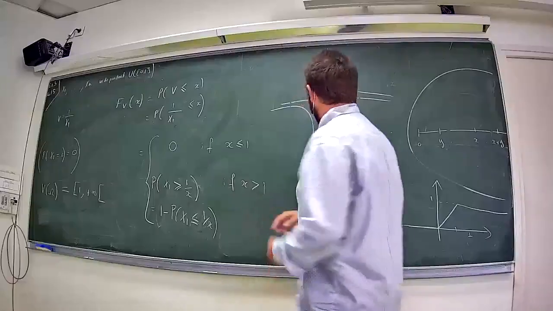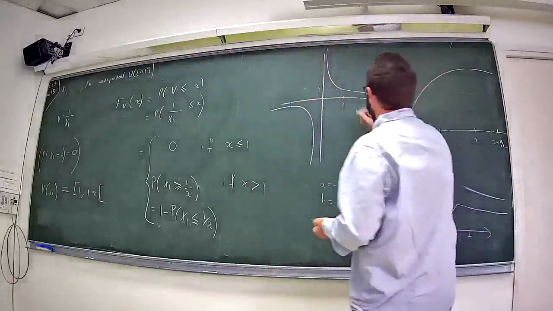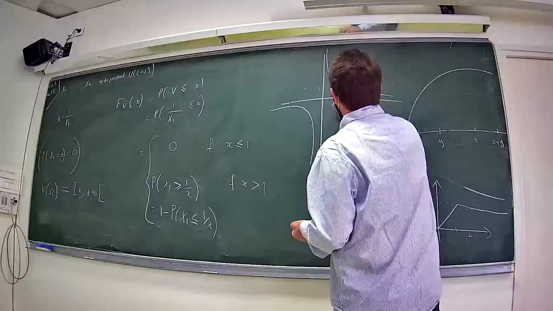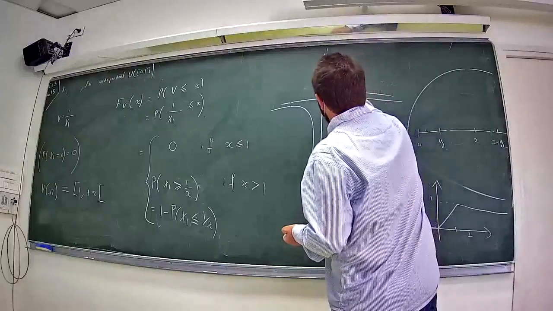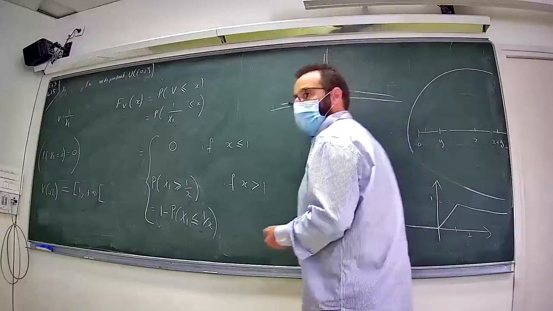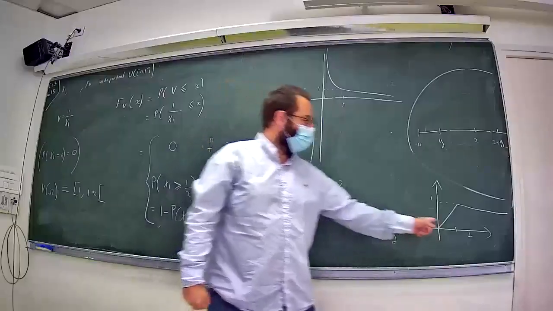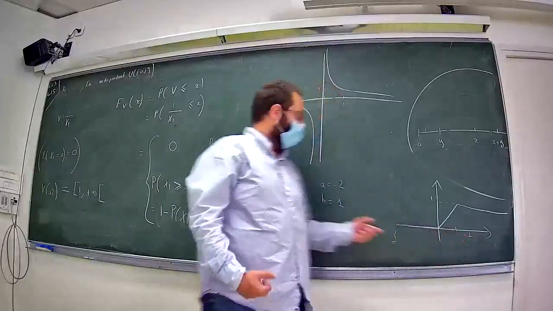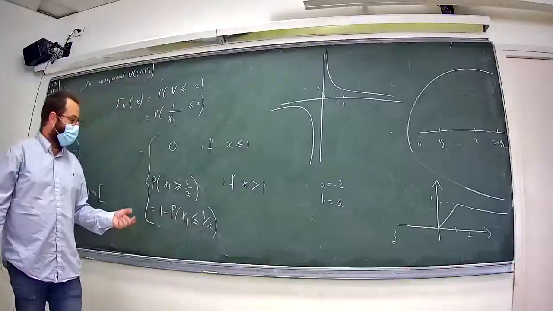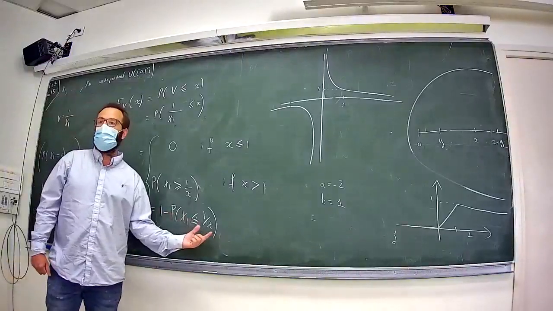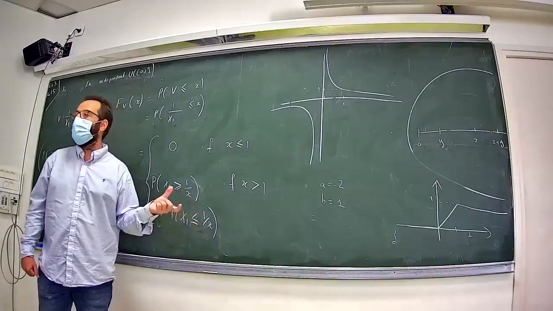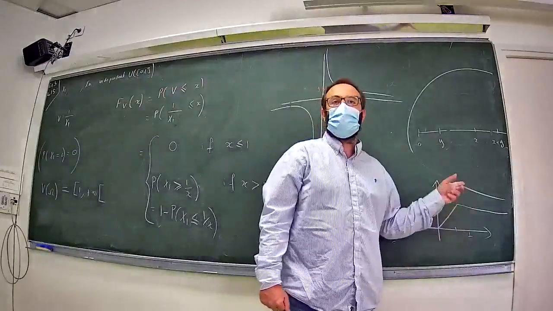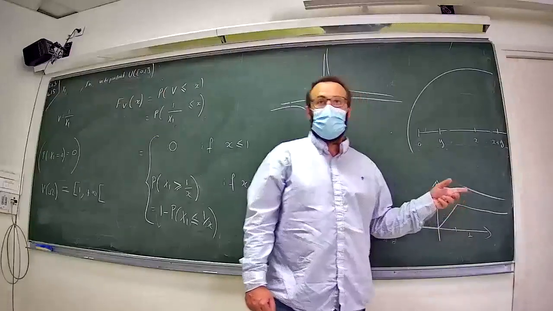Where I am, x is strictly greater than 1, implying that my 1 over x is here. So I am in this part of the curve, between 0 and 1. If x is strictly greater than 1, 1 over x is between 0 and 1. That is the case where the distribution function of my uniform is equal to the identity.